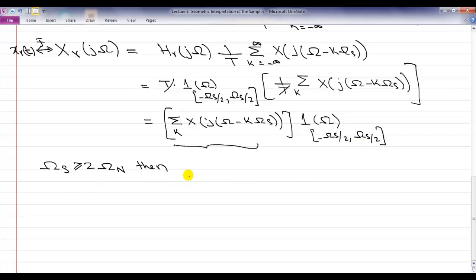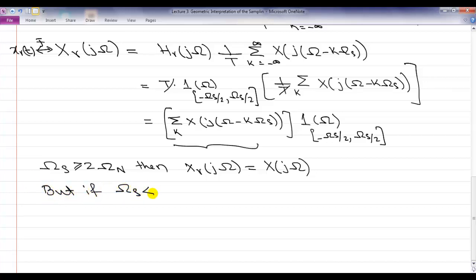Everything else lies outside that range, and so we only get that X_r(jω) is X(jω). Everything else is 0.